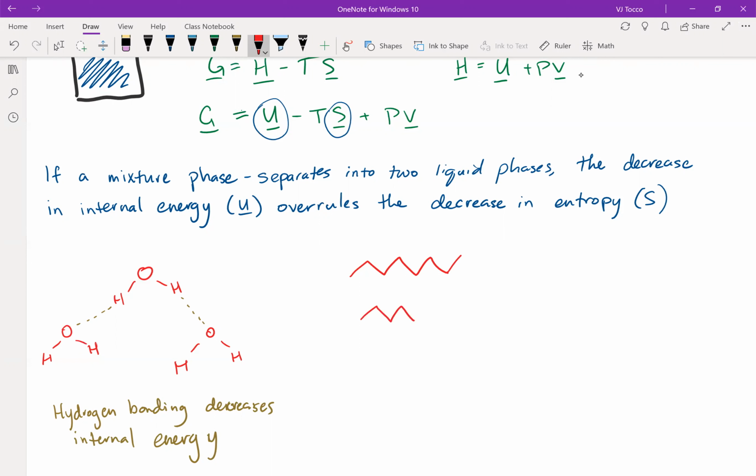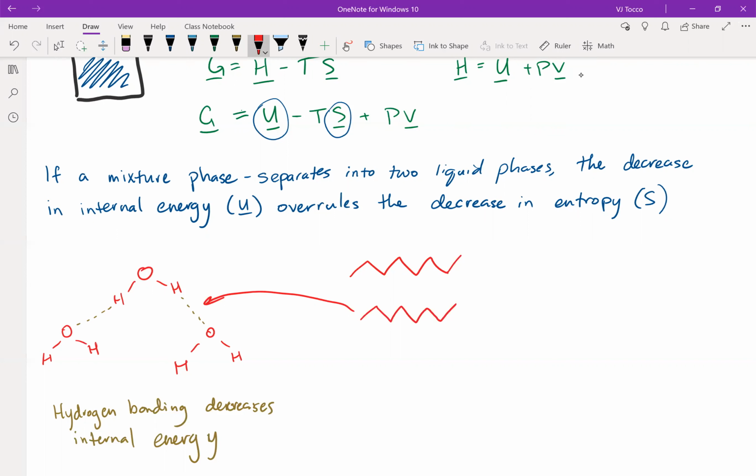This molecule is not going to hydrogen bond with itself, nor will it hydrogen bond with water. In fact, if you insert this into the mixture, then it's going to get in the way of some of this hydrogen bonding that's going on between the water. So if water and oil were to exist as one complete phase, then you wouldn't have as much hydrogen bonding in the water mixture because there'd be these other oil molecules in the way.